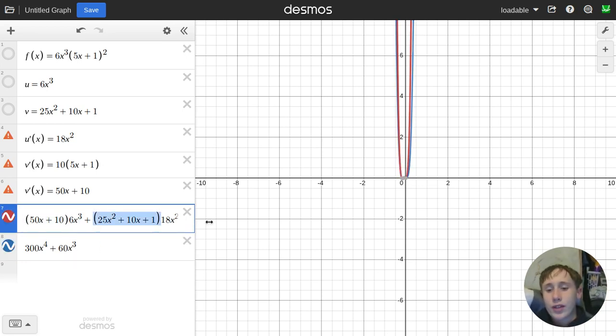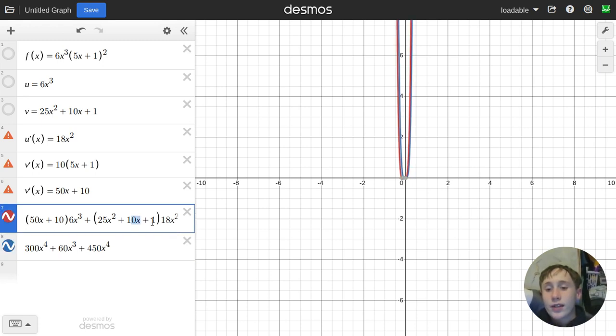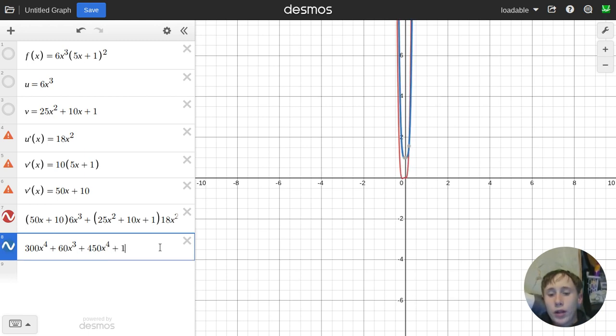So now it's just this, plus 25x squared times 18x squared. 25 times 18 is 450x to the fourth. Then we do 18x squared times 10x, which is 180x to the third. And then we have 1 times 18x squared, so plus 18x squared.